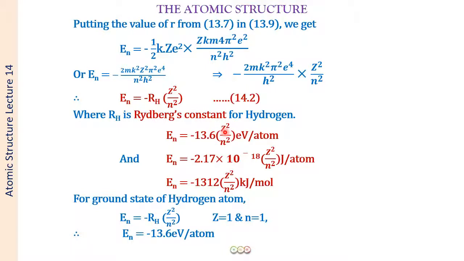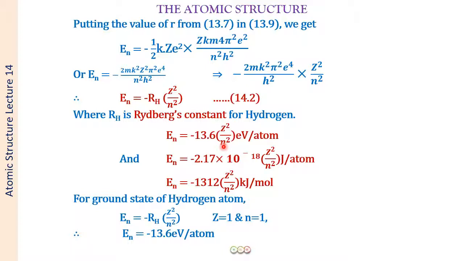What is bigger, minus 1 or minus 4? Yes, it is minus 1, right? So minus 13.6 into 1 is going to be more energy than when the Z is becoming 2. So with the increase in the atomic number, the energy is going to decrease.